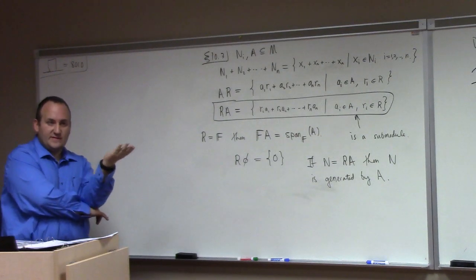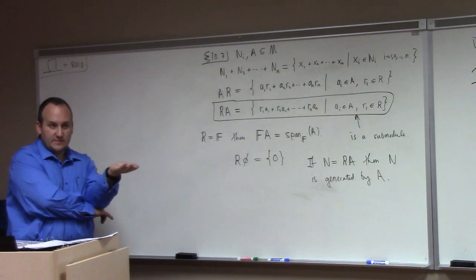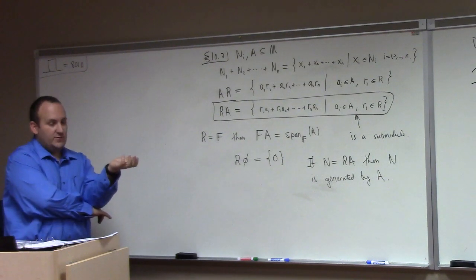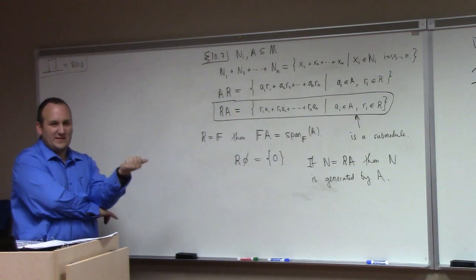The terminology is to say that the submodule is finitely generated. If there's a finite generating set, it's said to be finitely generated. What do you say if N can be generated by a single element?